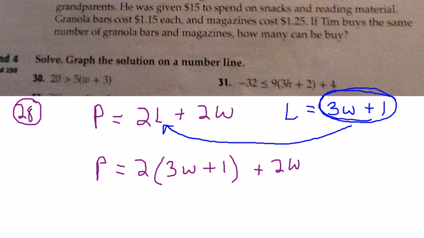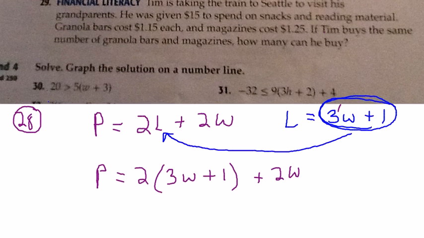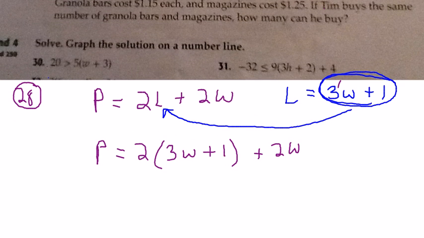And they tell us that the perimeter is 50, so we know that the value for P is 50 because the problem tells us that. In fact, if they didn't tell us that, we wouldn't be able to solve this.